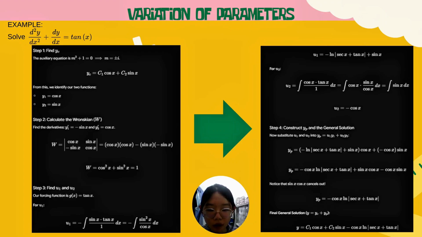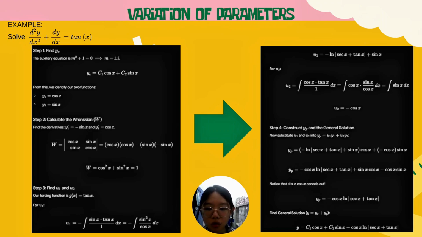Step 3, find u1 and u2. Our forcing function is g(x) equals tan x. So for u1 equals negative the integral with respect to x of sin x times tan x over 1. And we get u1 equals negative ln of sec x plus tan x, and then plus sin x.